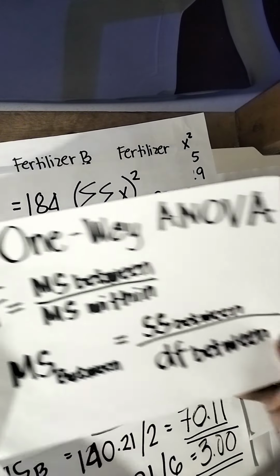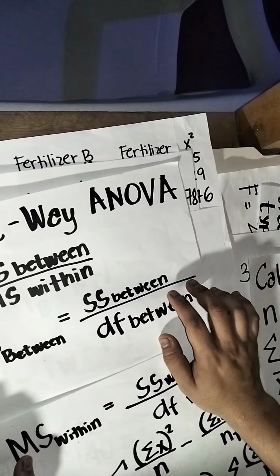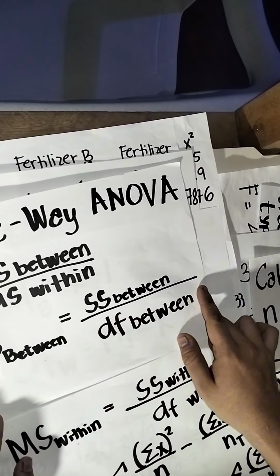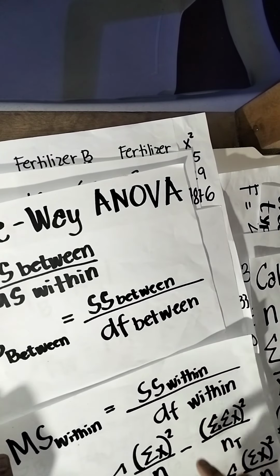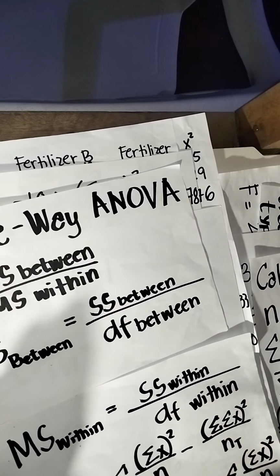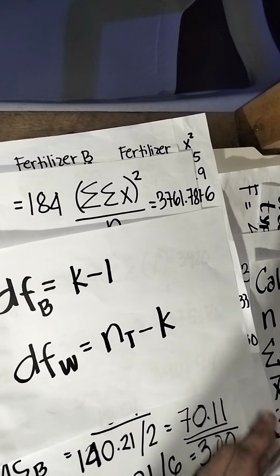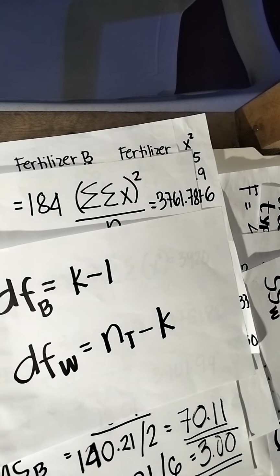For this reason, we divide it into the MS between. So the SS between is divided by the degree of freedom between, and the SS within is divided by the degree of freedom within. So we need the degree of freedom between and degree of freedom within.